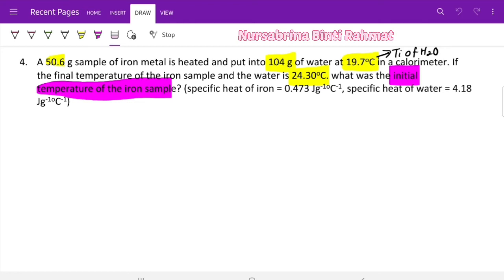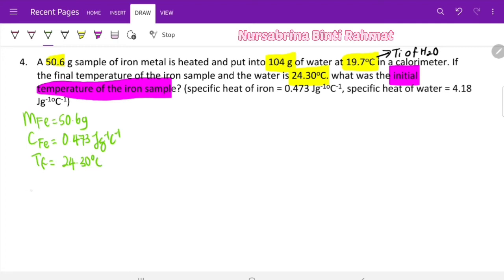Okay, so let's first extract all the information that we have. The mass of your iron is 50.6 gram, and the specific heat capacity of your iron is 0.473 joule per gram per Celsius. You were given the final temperature, so the temperature final of your Fe is 24.30 degrees Celsius.